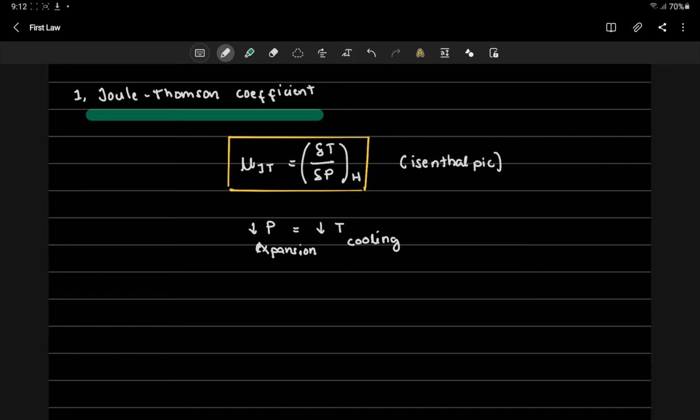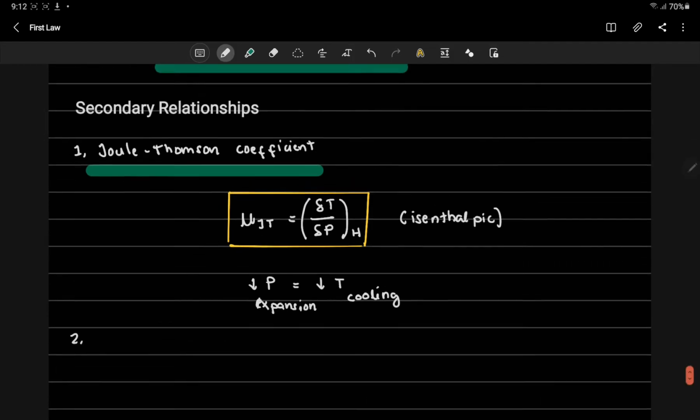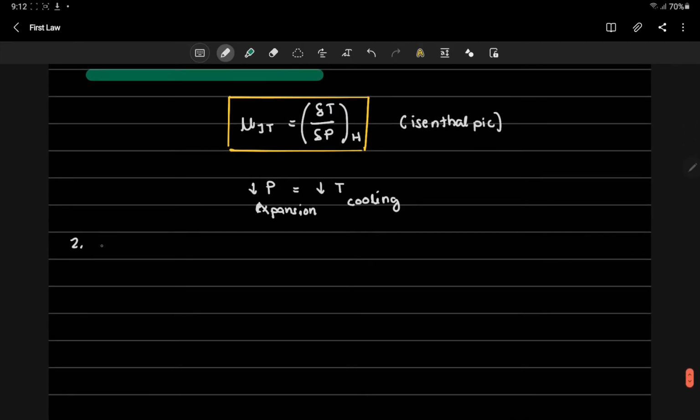Yung next na relationship na pag-aaralan natin is yung tinatawag nating thermal expansion coefficient, which is siguro mas familiar kayo sa relationship na ito. So ano yung mathematical form niya? Well, we will use the symbol alpha, and that will be equal to 1 over V times the change in volume with respect to temperature at constant pressure.